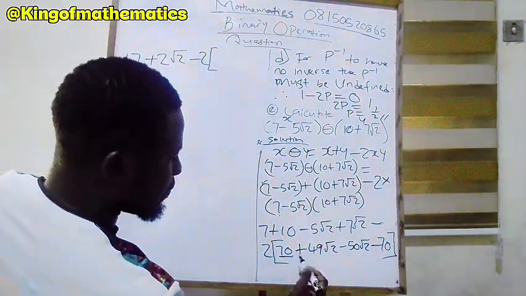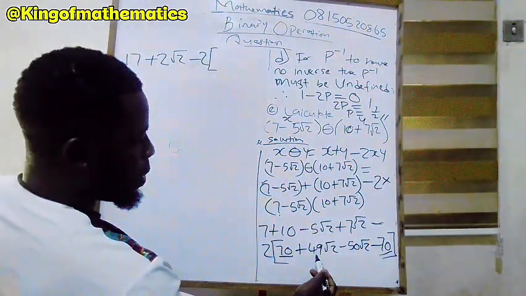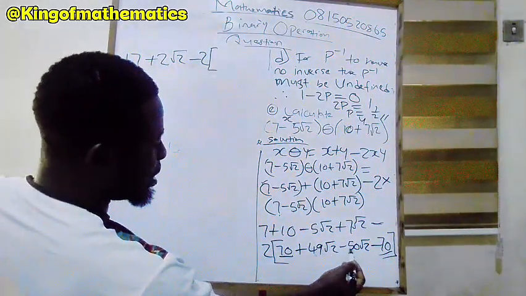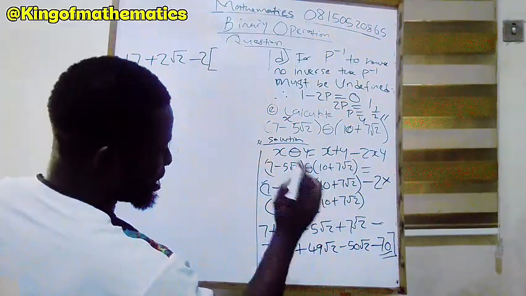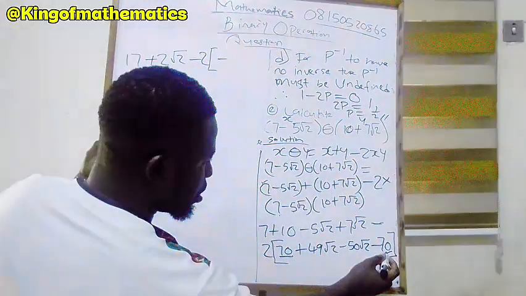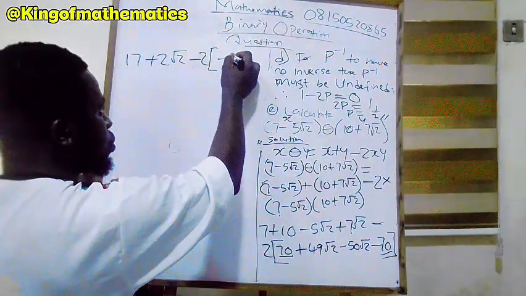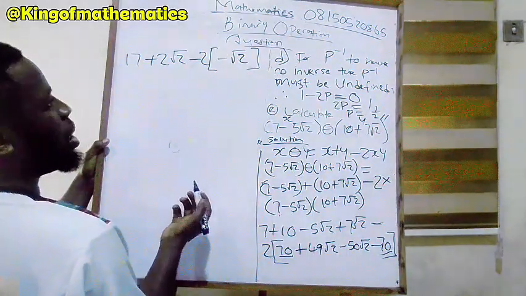This is plus 70 minus 70, that will give us 0. Then plus 49 minus 50. You owe someone 50, you want to pay 49, you still owe the person just 1. So that's what you have there. This one has cancelled this one, then you will be left with minus root 2, which you can say minus 1 root 2. Are you with me?